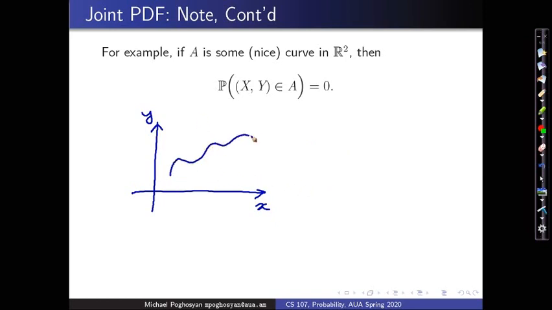Say I have this kind of set, this is my A. Now, what is the probability that my point (X, Y) is in this A if X, Y are jointly continuous? In this case, this probability is 0, because I need to calculate the volume of the body over this set and under the graph of f. And that volume will be 0.